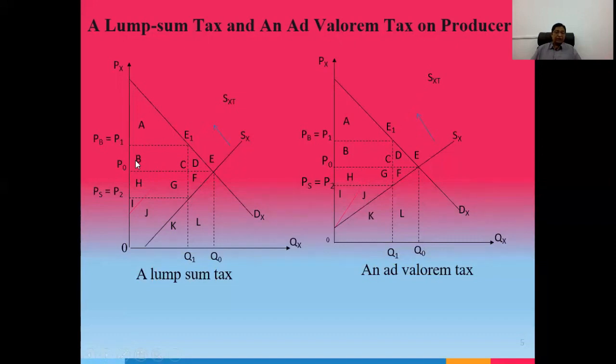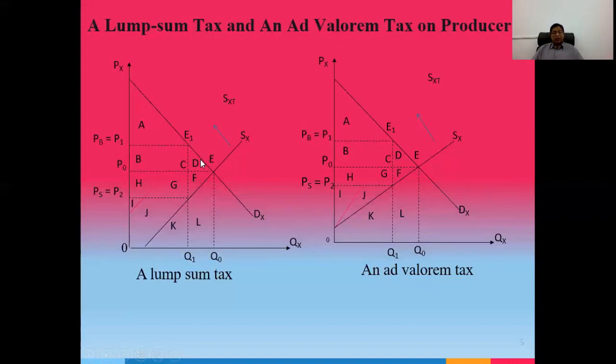This is the government tax collection B plus C plus H plus G. You have to subtract B, C, D, and you have to subtract again H, G, F. In other words, plus B, plus C, plus H, plus G. Then for the reduction in consumer surplus, you will get minus B, minus C, minus D. For the reduction in producer surplus, you will get minus H, minus G, minus F. Then you can cancel out negative terms against positive terms.